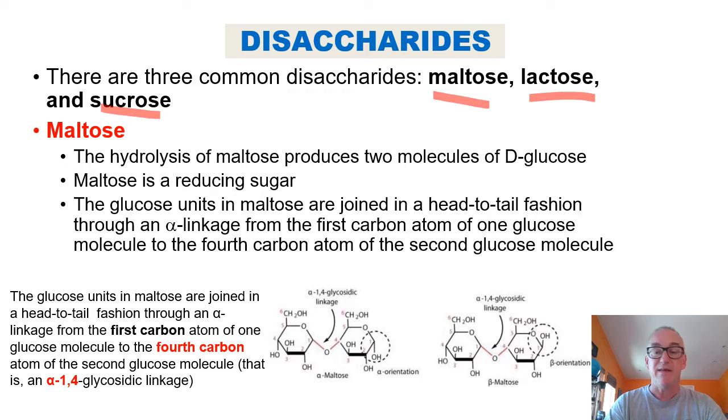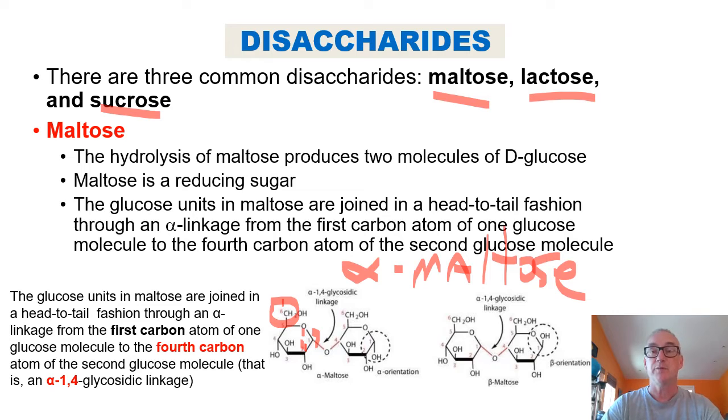Let's see what link that is. So we have carbon 1, or the anomeric carbon of one glucose here, linked in an alpha fashion because it is trans to carbon 6. So when it's trans, we call that an alpha. And so we would call that alpha maltose.